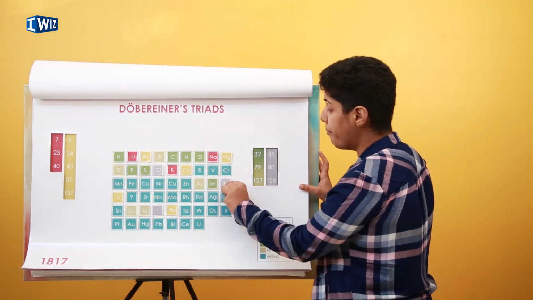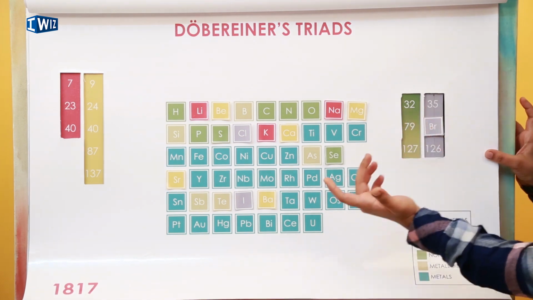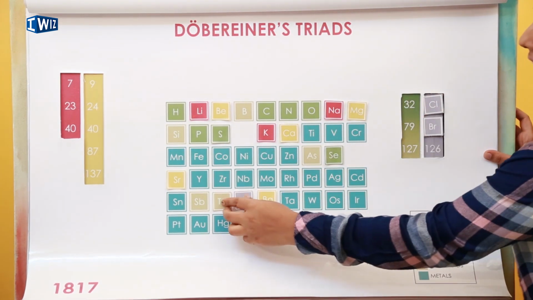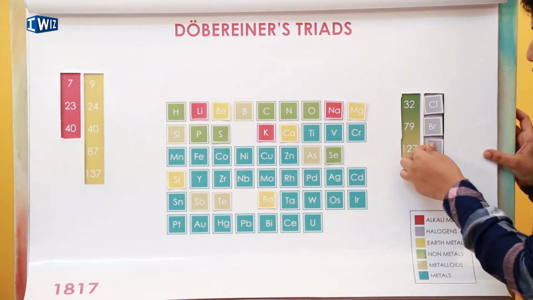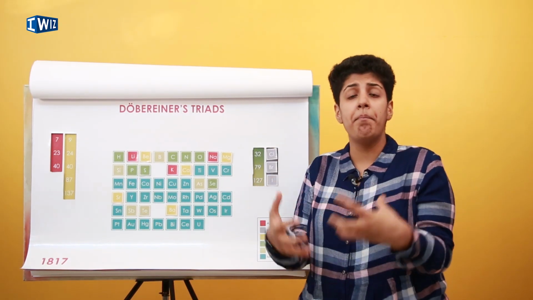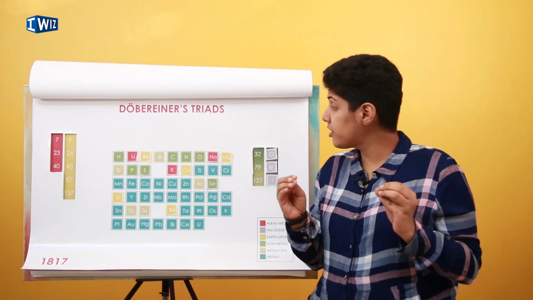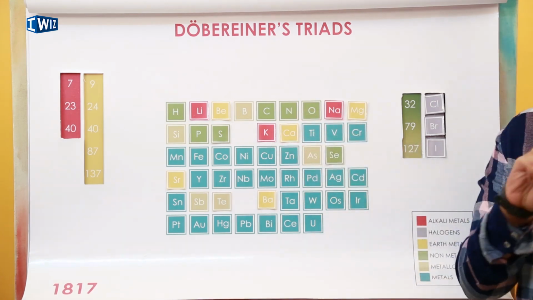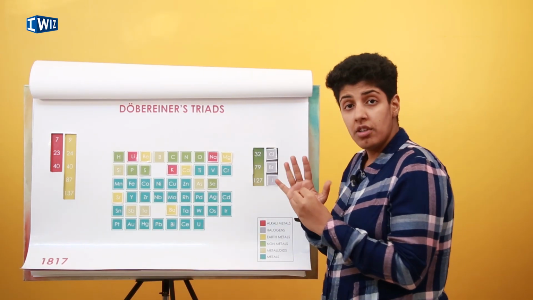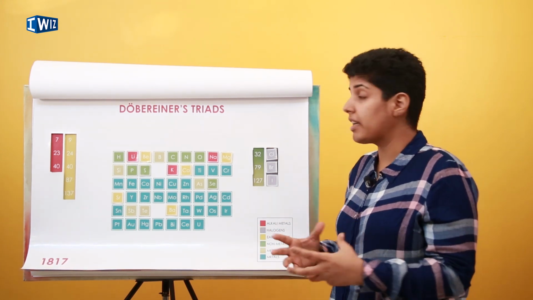The atomic mass of bromine is 80, which is the average of the atomic masses of chlorine and iodine. So he related the properties and the atomic mass. He came up with a law that for three elements grouped together with similar properties, the average of the first and the last gives you the second one, approximately.